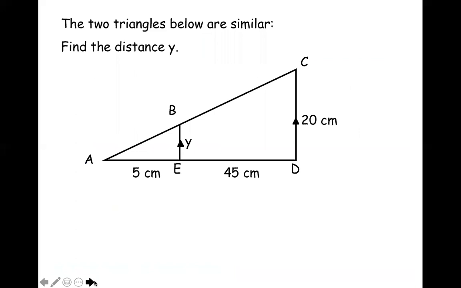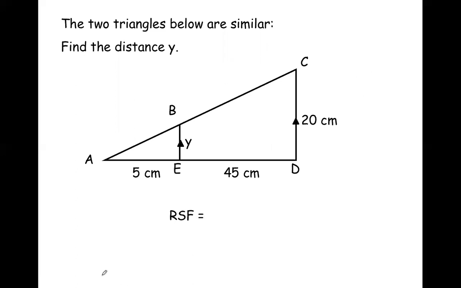So sometimes you could be asked a question like this. We've got two triangles, similar, find the distance y. So the best thing to do here is split them up. Because y is the smaller side, we would look for what we call RSF.